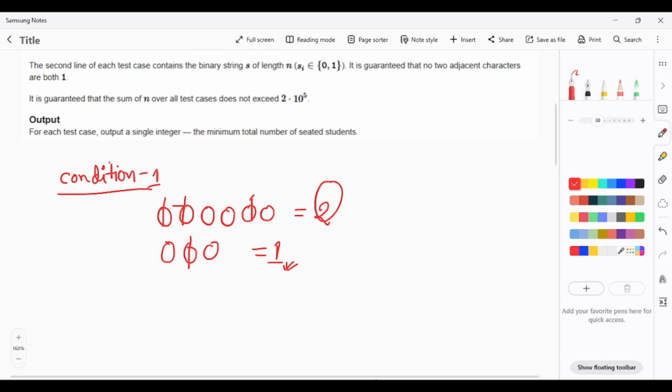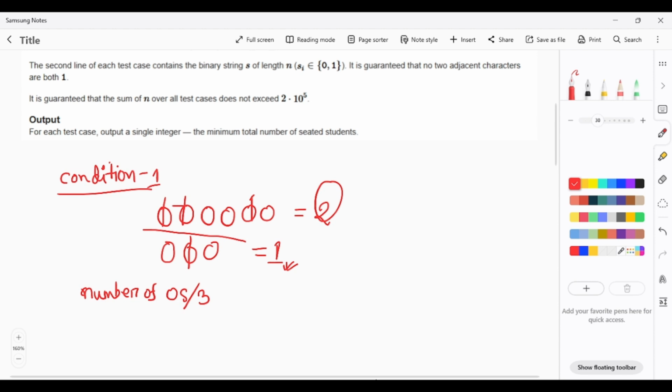So if all are zeros and the number is divisible by 3, then we divide the number by 3, and that's how we get this number.